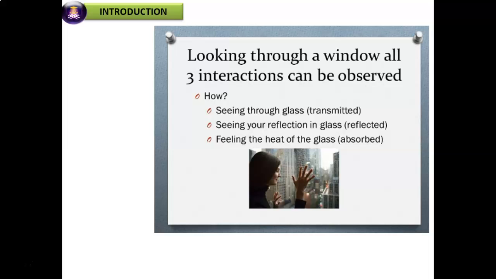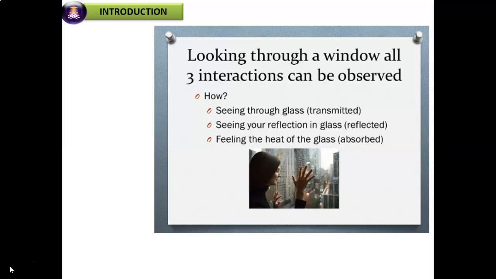We can see in the slide, for example, feeling the heat of the glass. If you touch a glass that is heated, you can feel that the glass absorbs the heat, so you can feel the hotness of the glass.